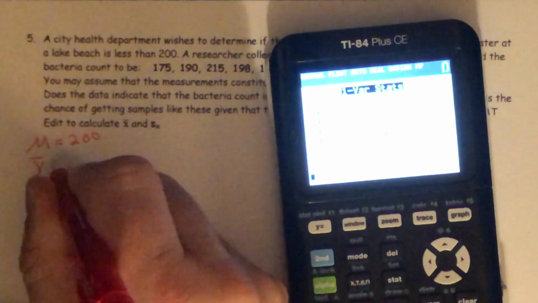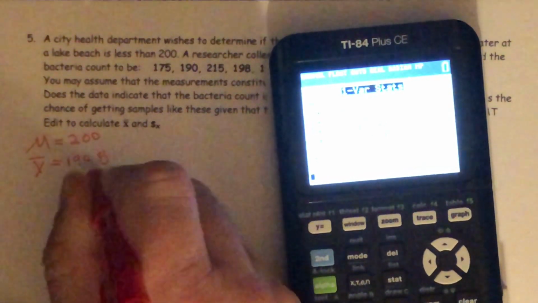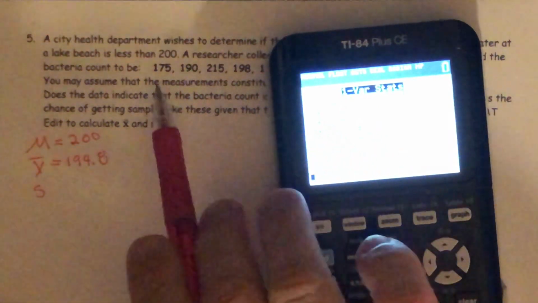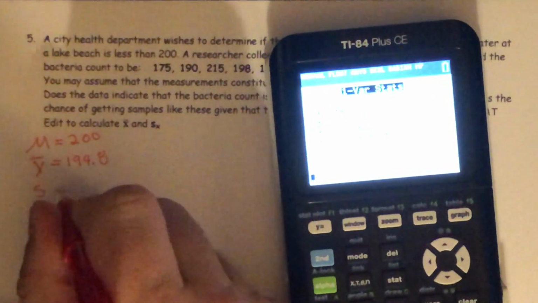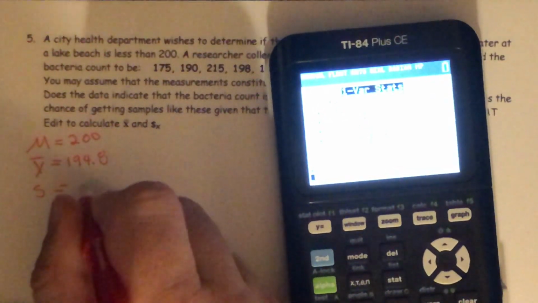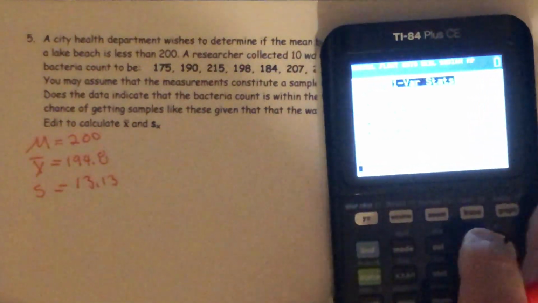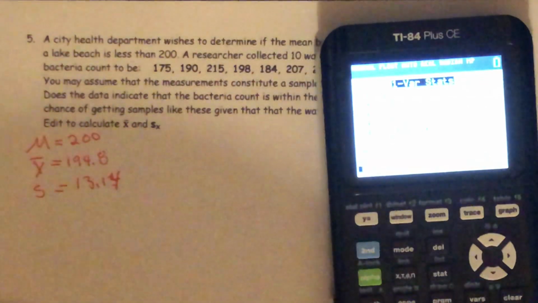And I find out that x bar is 194.8, and the standard deviation of my sample, and we know it's the standard deviation of the sample because these were our actual measurements that we took, it's not from the population, is 13.13, and we'll just call it 13.14, and that'll be good enough.